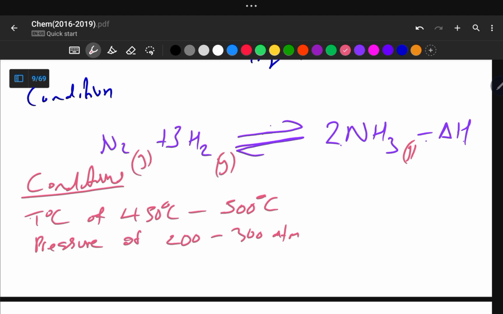So increasing pressure will increase the forward reaction, because we have 2 moles of gas here, and here we've got 3 plus 1 to make it 4. So increasing pressure will favor this forward reaction according to Le Chatelier's principle. So you should know Le Chatelier's principle by heart, right? And also you should be able to explain how the conditions affect the rate of a reaction, right?